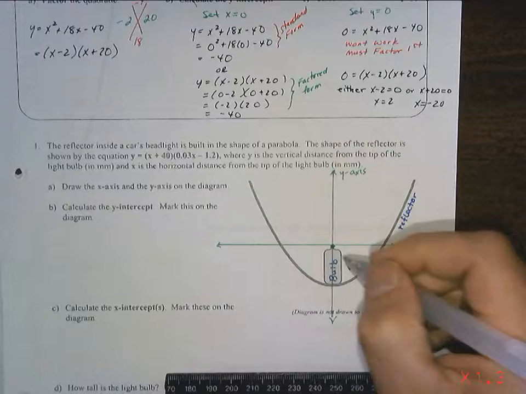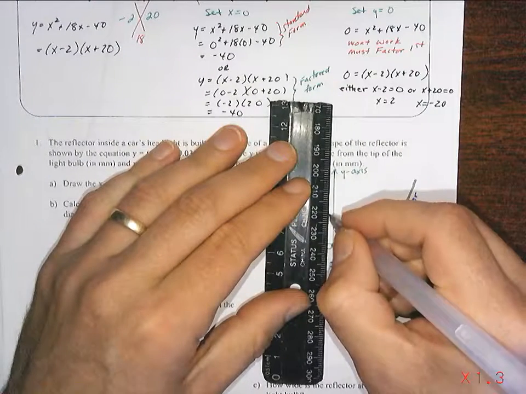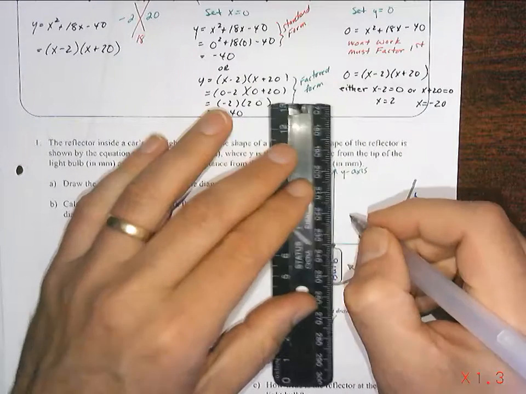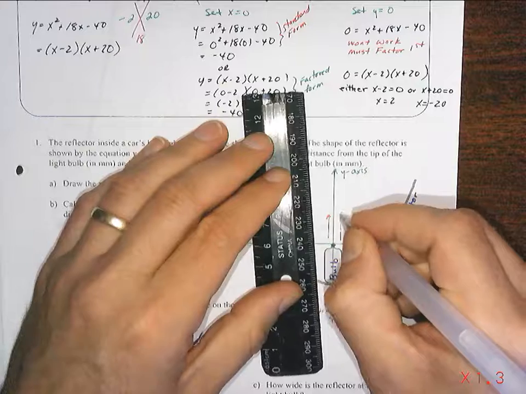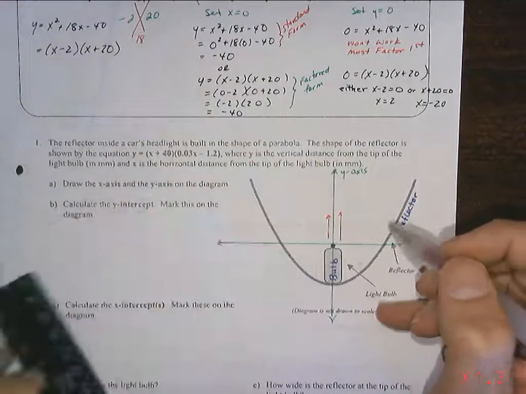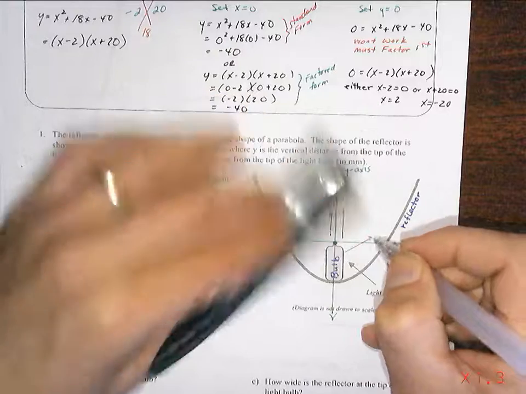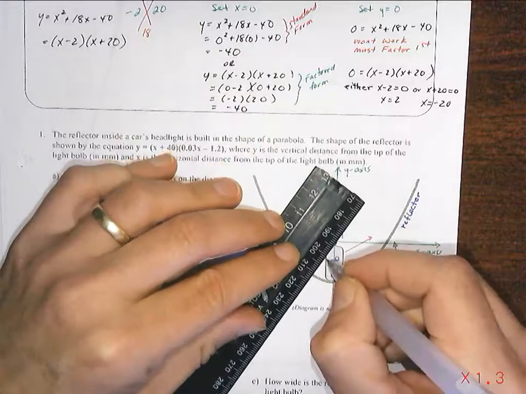Now, on a side note, why do we care? Well, this light bulb, if you remember from physics, or if you have an understanding of how light works, it's going to be shooting off light rays this way. But it also shoots off light rays this way, and it also shoots off light rays this way.